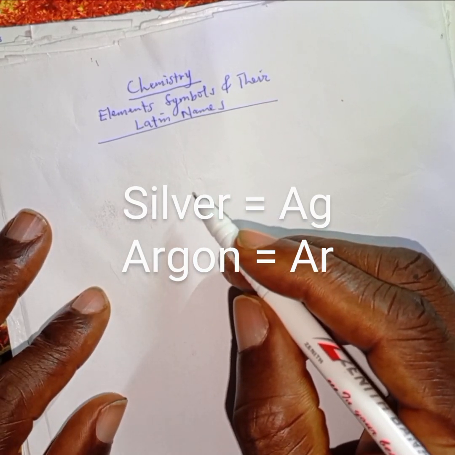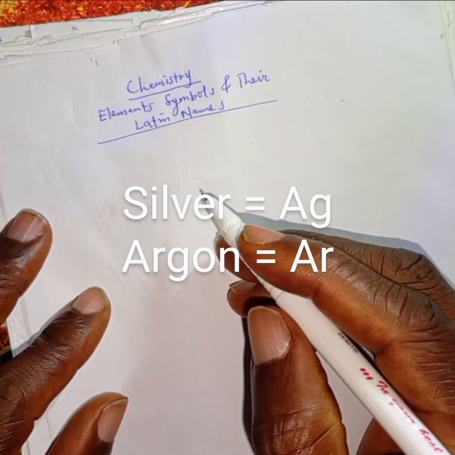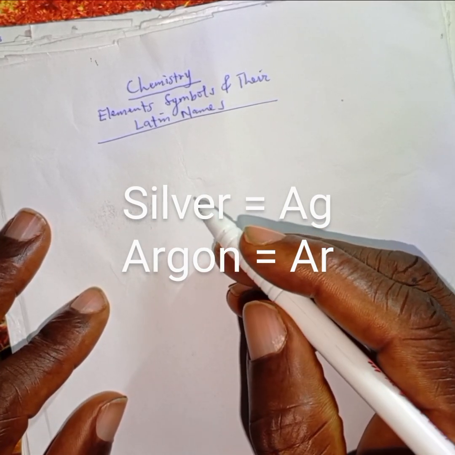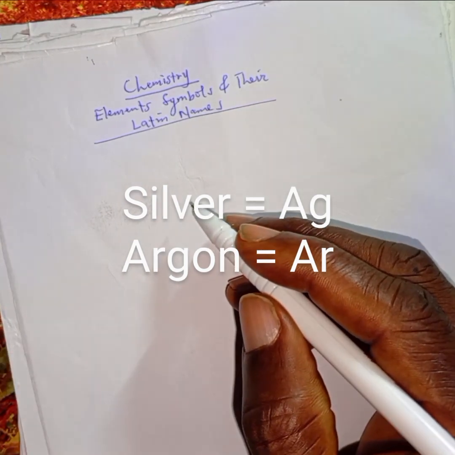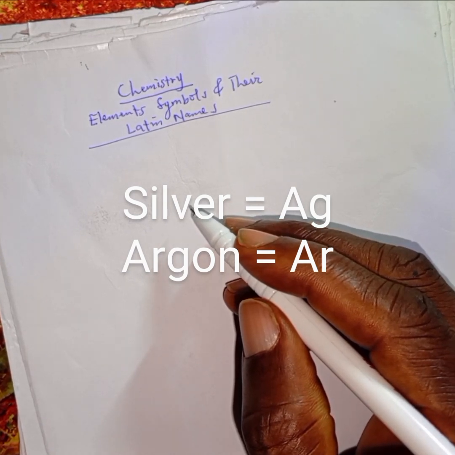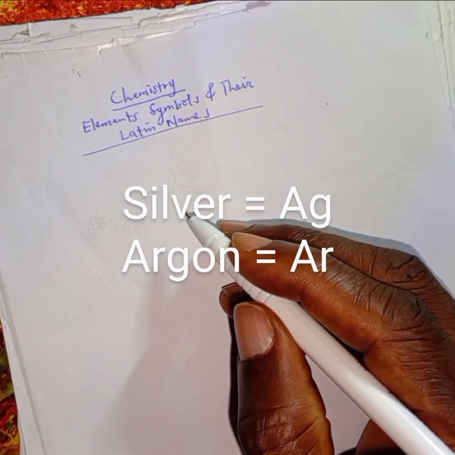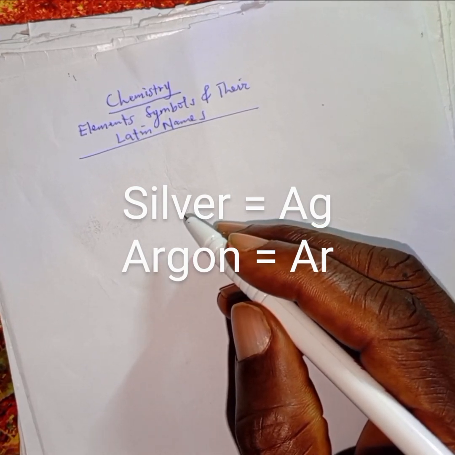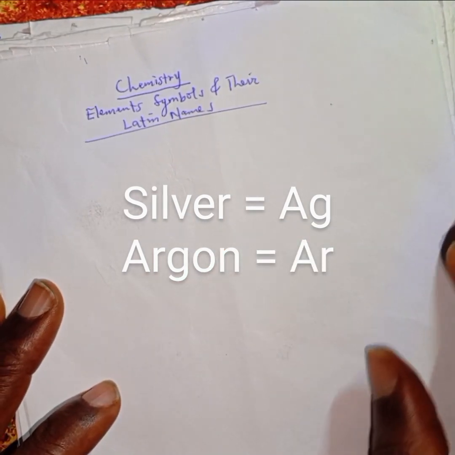Many years ago, about 1814, a man called Berzelius suggested the use of symbols to represent elements. He was to use the first letter of an element to represent the symbol.